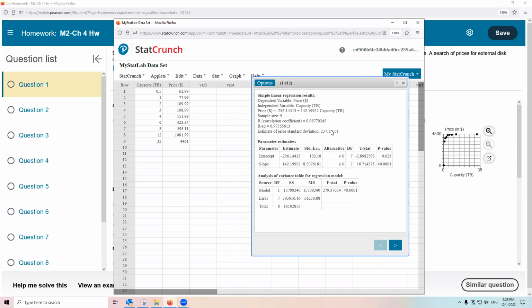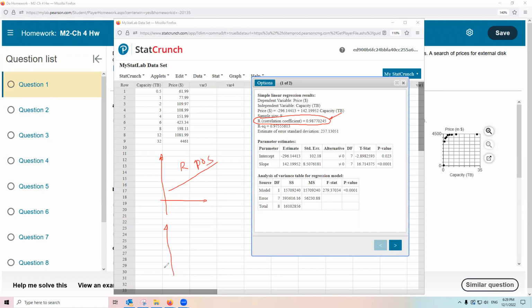So one item I want to point out to you on this menu is a measurement called the correlation coefficient. And in this case, the number is 0.987. When a correlation coefficient is a positive number like this, that tells you the trend is going uphill. So this R number, if positive, means the correlation is going uphill.